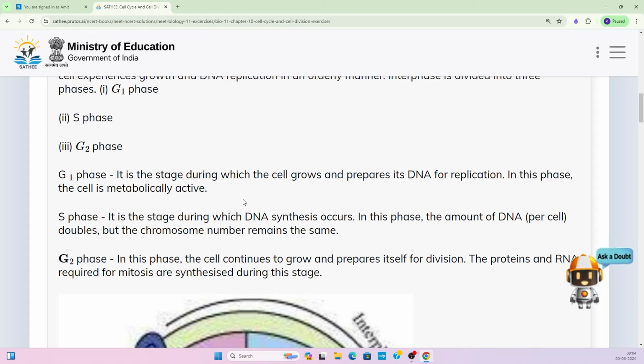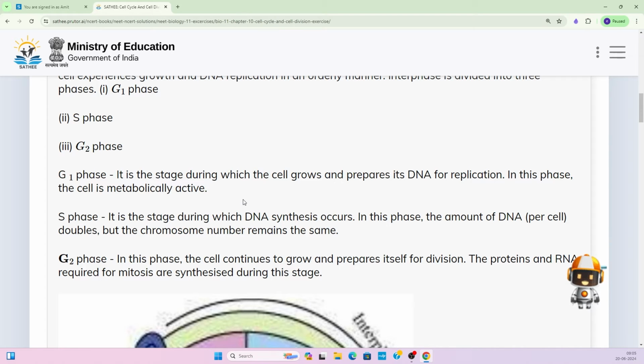Because the very next phase, that is the S phase, is the one in which the synthesis of the DNA takes place. DNA gets duplicated. Replication of DNA is occurring in the S phase. There are a lot of enzymes required for the process of DNA replication. And we all know that the enzymes are not pre-prepared or already present in the cell.